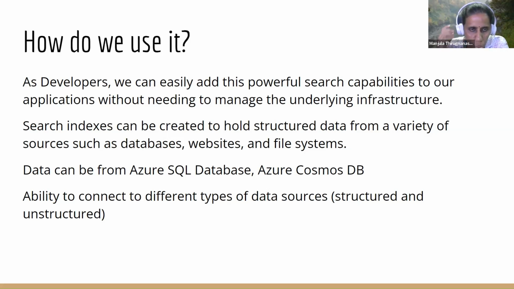Okay, so how do we use it? As developers, we don't have to create this powerful search capability. The underlying architecture is provided by Azure, and we just have to use it in our application. Then we can create search indexes to hold the data, either structured or unstructured.